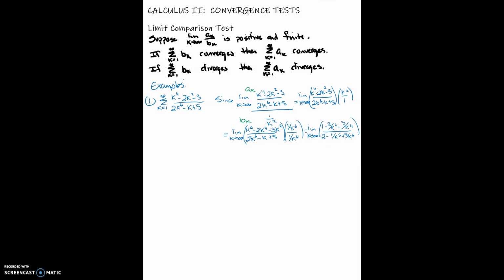So we end up with 1 minus 0 over 2 minus 0, which is simply 1/2. And I notice that this is both positive and finite.